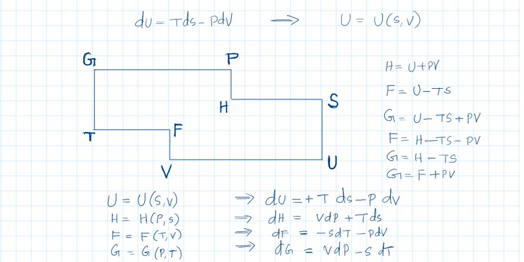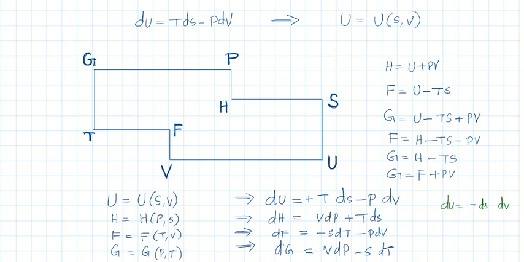Now if you take dU, it will have terms dS and dV. So you can initially write dU is equal to something into dS, something into dV. You can write like this because U has dependence on S and V. So a differential of U will have terms dS and dV. dU has dimension of energy.